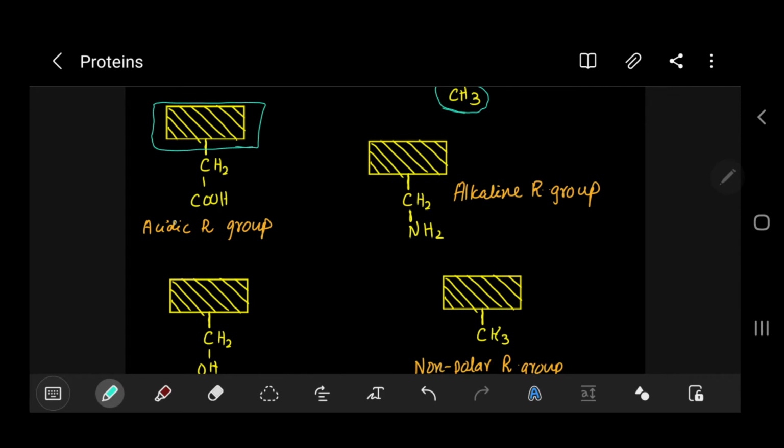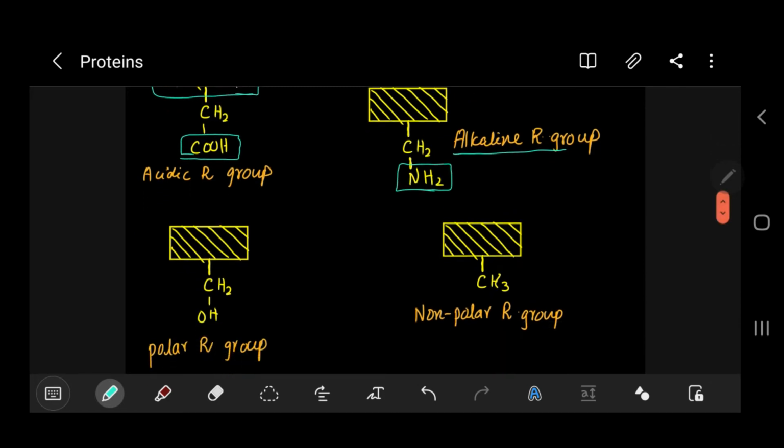So we have an example of an acidic R group. Why am I saying acidic? Because it has COOH, as you can see. This here is an alkaline R group, NH2 group.